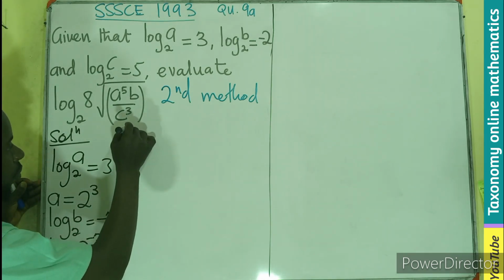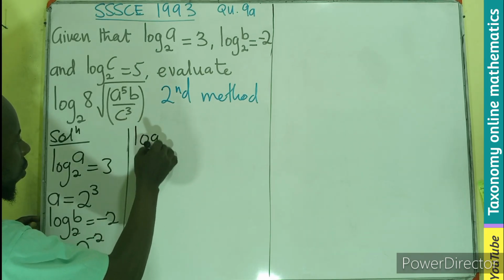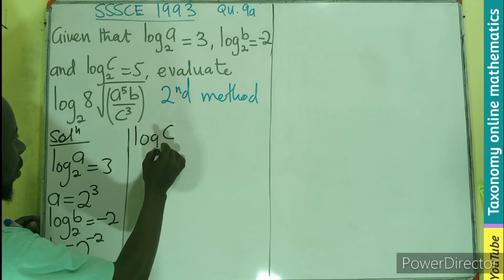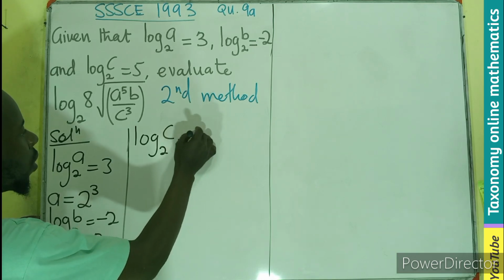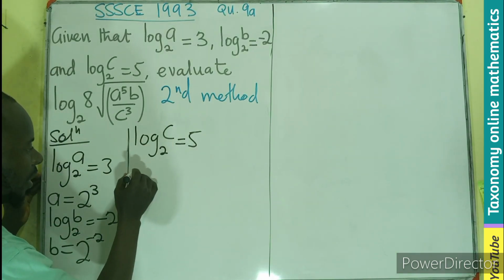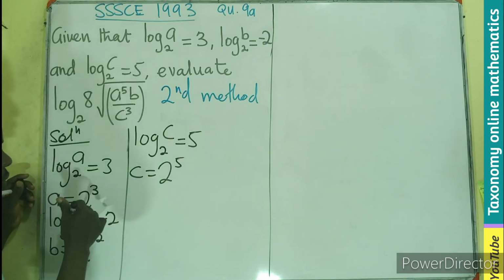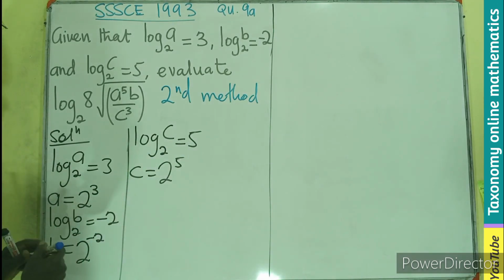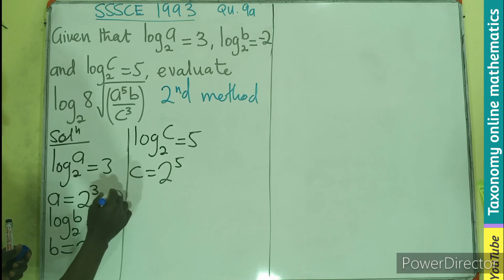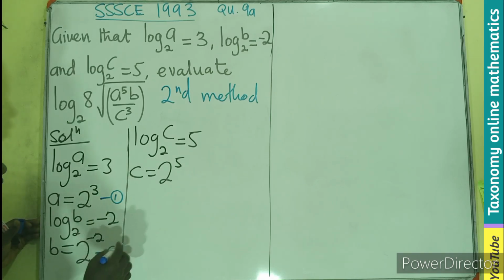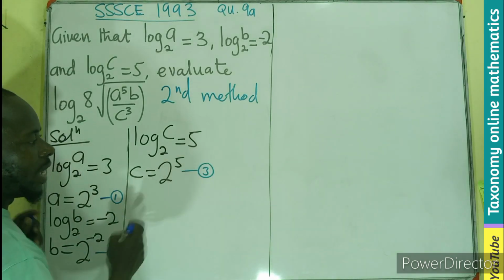The third one is the log of C base 2 equals 5. We know C will be equal to 2 exponent 5. So our A is known, our B is known, our C is known.